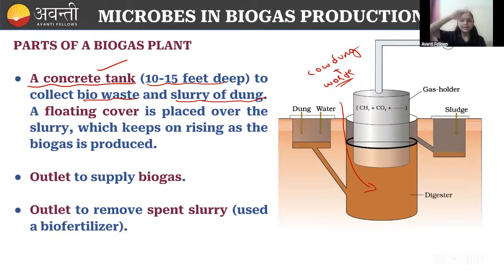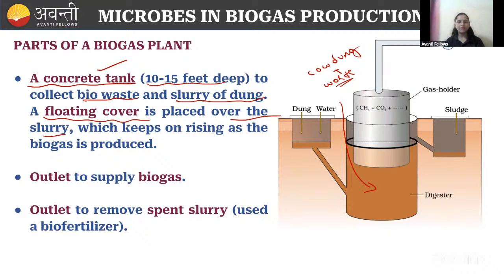Along with it, it has a cover, that is a floating cover. That is not fixed, it is floating. Whenever the gas is produced, it will move upward. That's why it is called a floating cover. It is placed over this slurry.